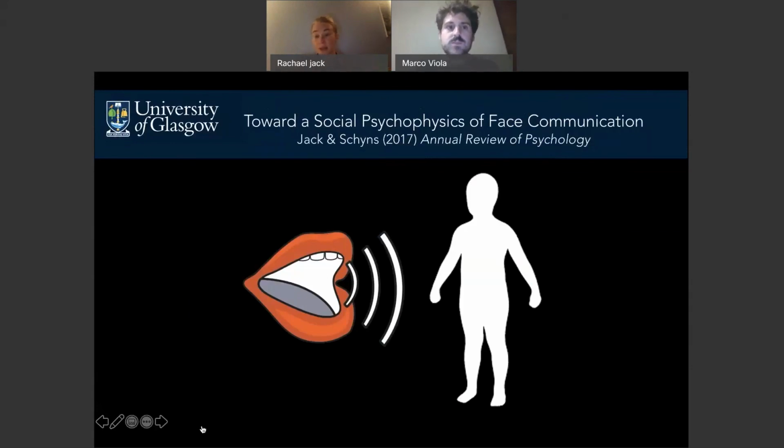It can also be applied to body shape, body movements. In principle, it could be applied to things like odor. If you can measure odor, then you can generate different stimuli, and then you can capture participants' responses to that stimulus. So it's a generic method that can be used in a very, very broad way.